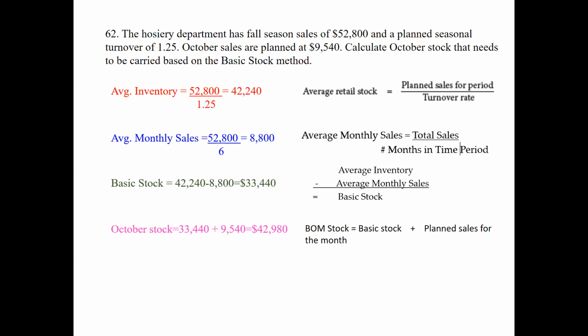If you're calculating average retail stock by the second method, which is the sum of beginning inventories plus the end of month inventory divided by the number of inventories, and that happens to be a season, then you divide it by 7 because you have 6 BOMs plus 1 EOM. Average monthly sales for a season is always going to be divided by 6 because there are 6 months.